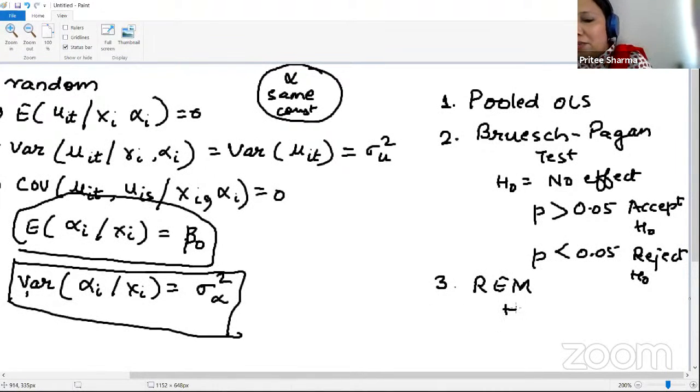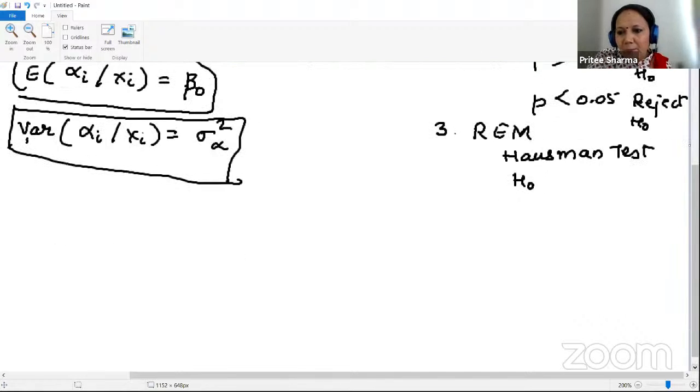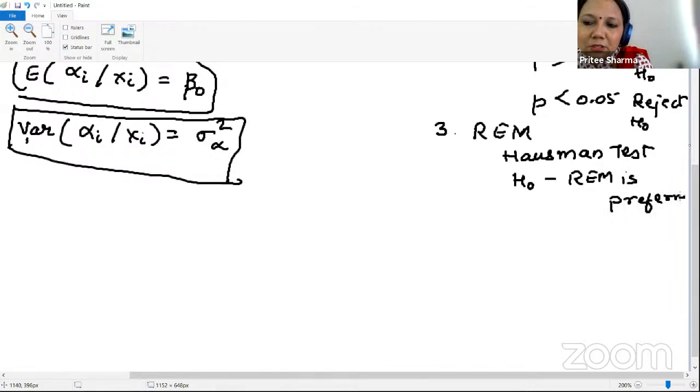And we undertake the Hausman test. While conducting that, the hypothesis will be that the random effect model is preferred. This is our null hypothesis.